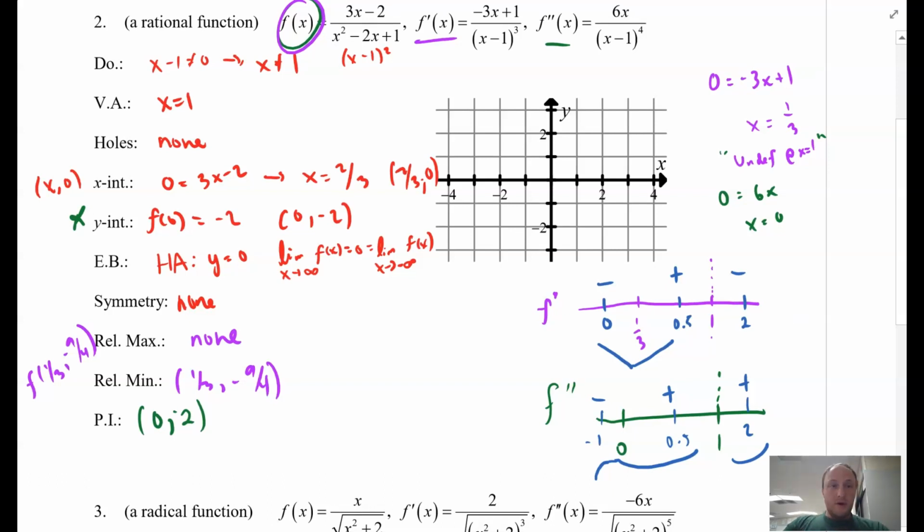So let's go ahead and mark these key features. Vertical asymptote at 1. No holes. X-intercept at 2/3, 0, so right there. A y-intercept at 0, -2. My end behavior, I have a horizontal asymptote at 0.